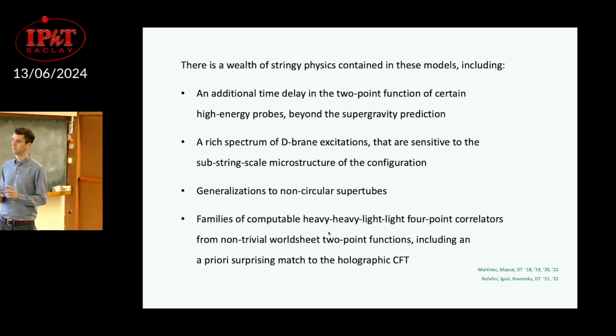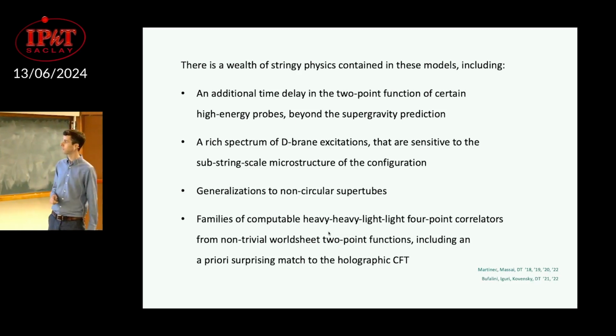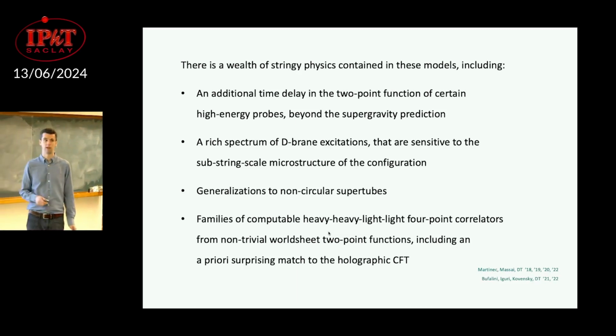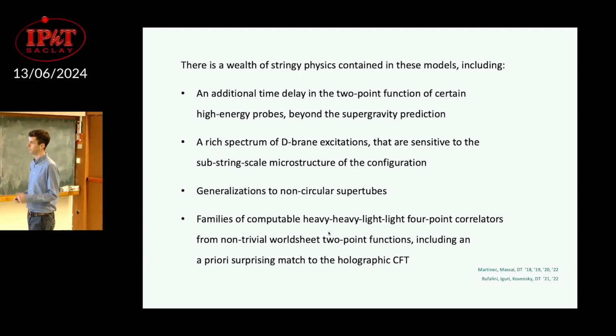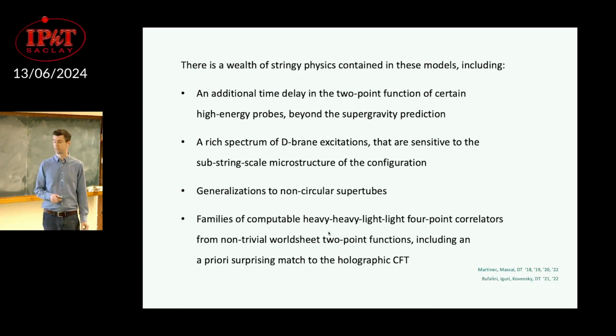One can generalize this worldsheet construction to non-circular supertubes. And interestingly, there are families of computable heavy-heavy-light-light 4-point functions, which you compute from non-trivial worldsheet 2-point functions, including an a priori surprising match to the holographic CFT.